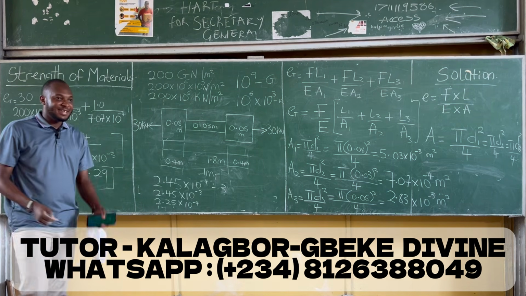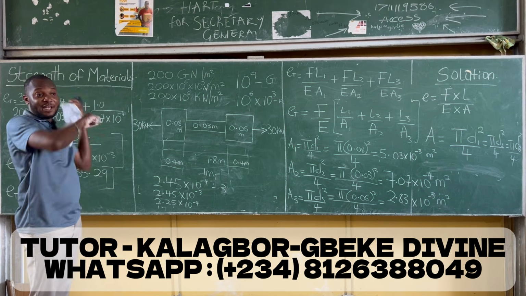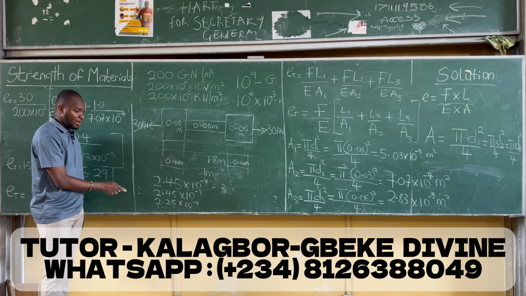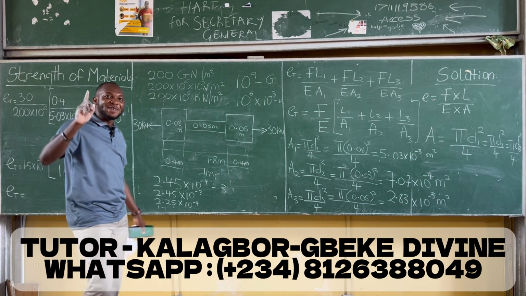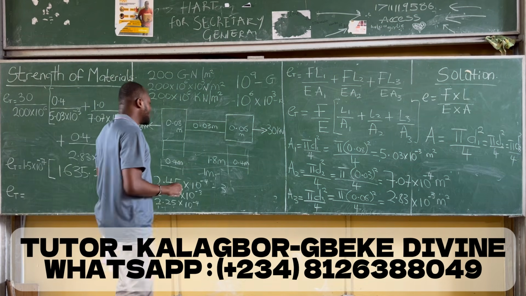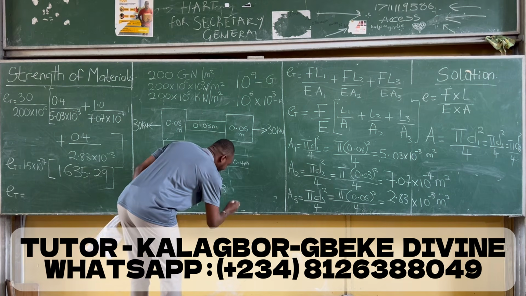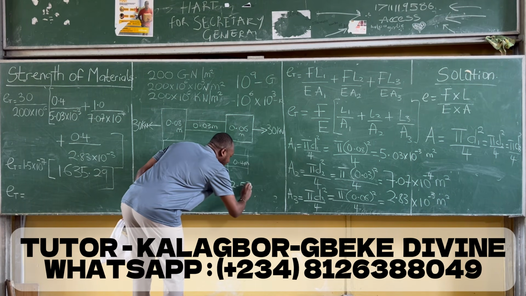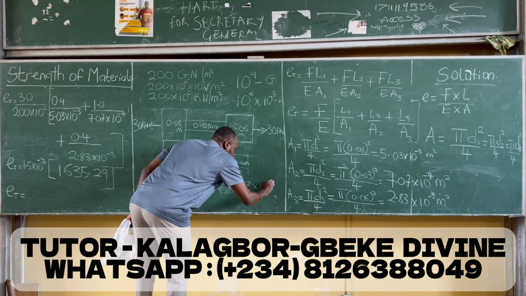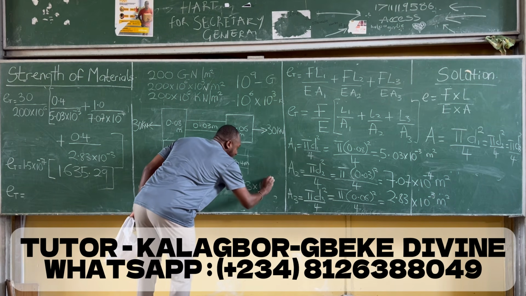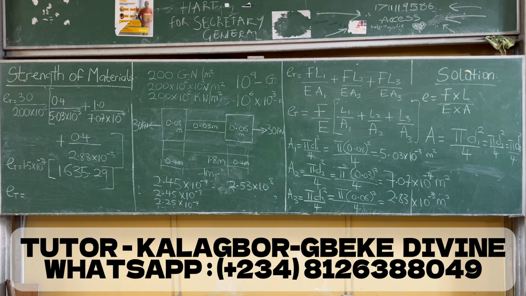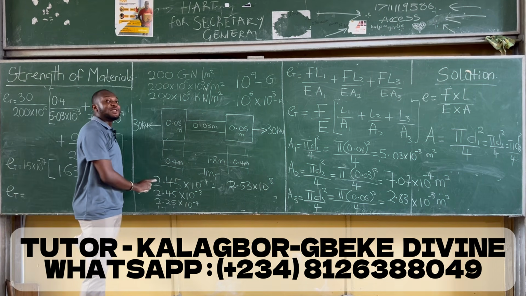Next person. Okay, you have changed yours to minus 3. Yours is 2.5. I hear 2 point what? 2.53. 2.53 times 10 raised to the power what? 8. Just raise your calculator up, then I'll ask which one you chose.